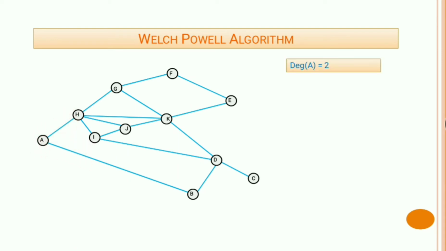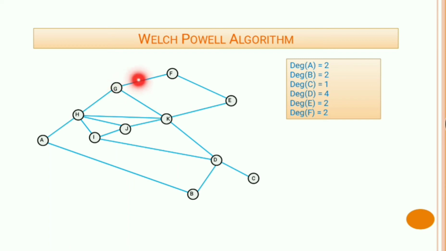Degree of B is also 2. Degree of C is 1. Degree of D is 1, 2, 3, 4. Degree of E is 2. Degree of F is again 2.